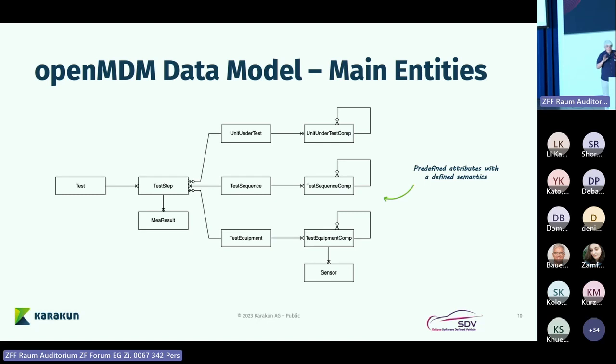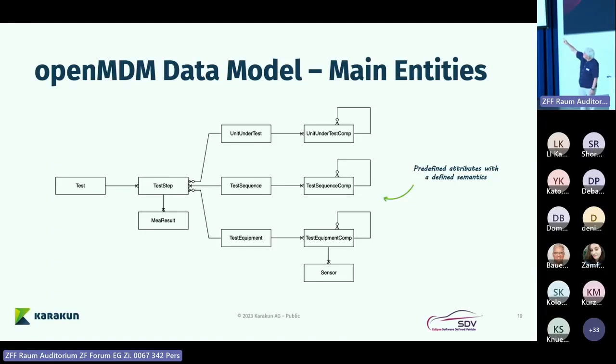And I have simplified it a little bit so that you get a first impression of how this is working. So you see here three hierarchies, more or less. And all is beyond the central concept, the test. Test is a very wide term in this case. If you take the upper road, you come to the unit under test. It's exactly what you are considering, which is again a hierarchy.